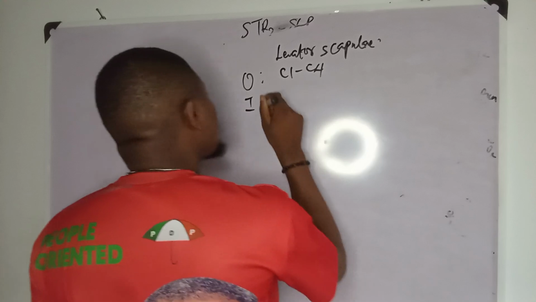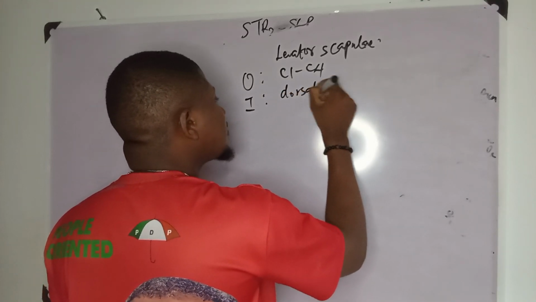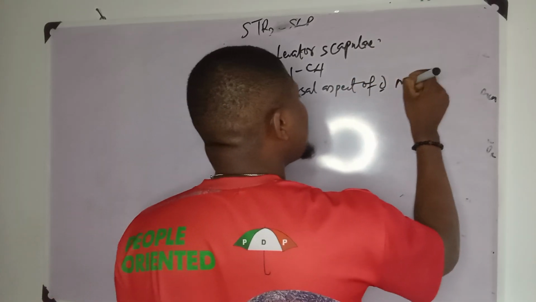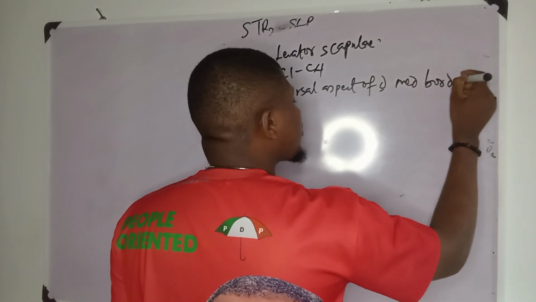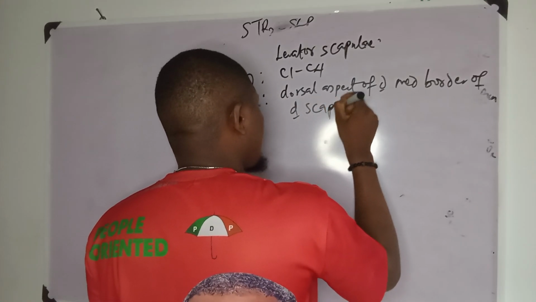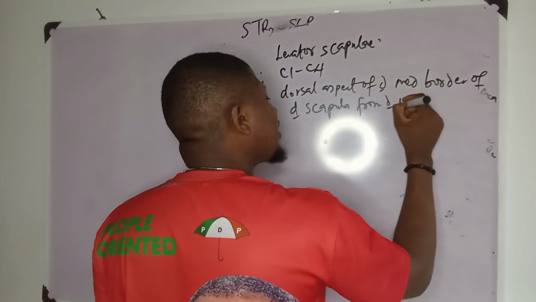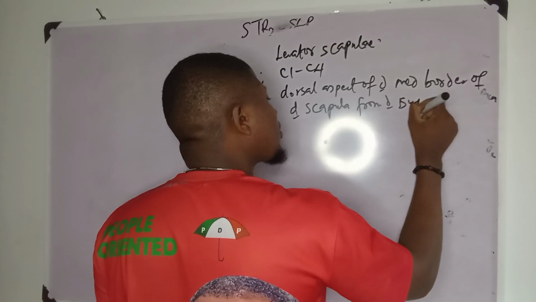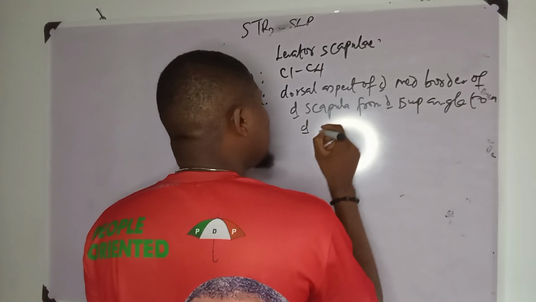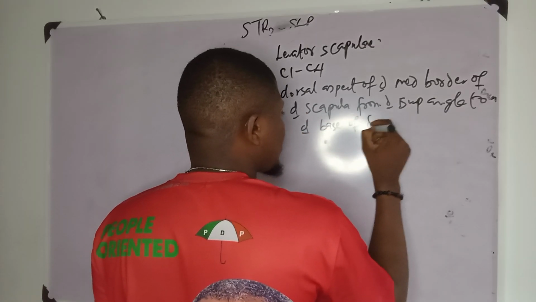So rhomboid major will insert at the what? Dorsal aspect of the medial border of the scapula, from the superior angle to the base of the spine.